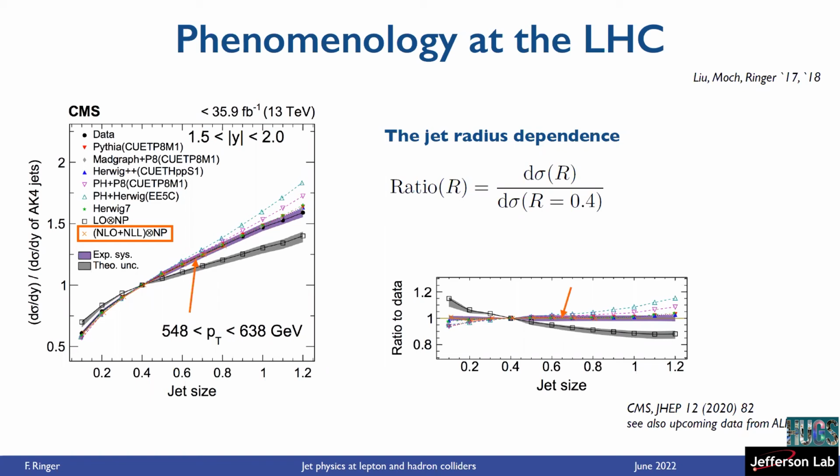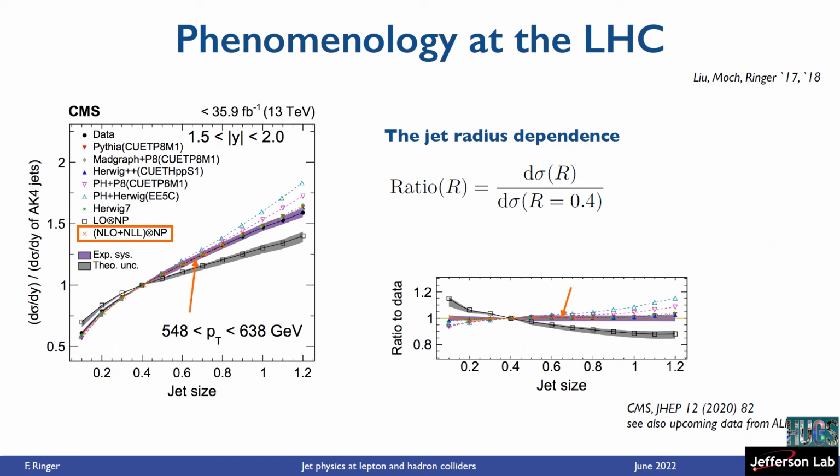And so then what you see here are different theory calculations. What you see here in black is what happens if you just do a fixed order calculation. This is a fixed order calculation, right? So that's what I mentioned before, like the calculations from the 90s, right?